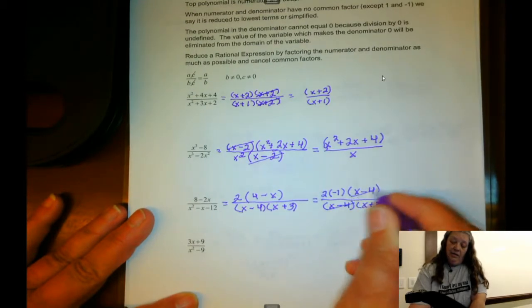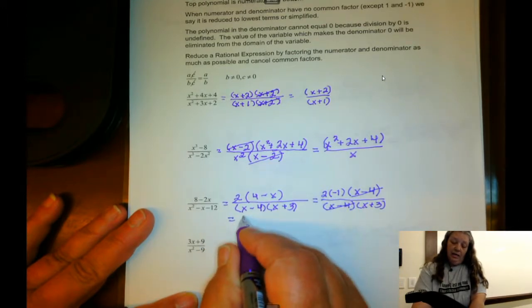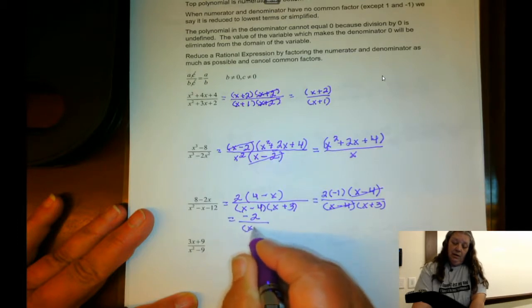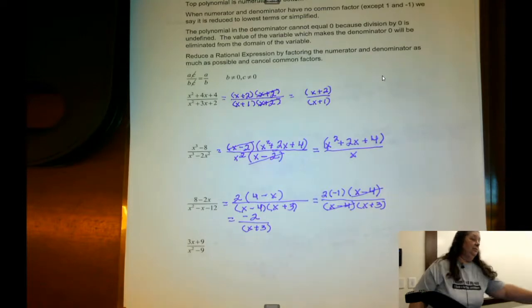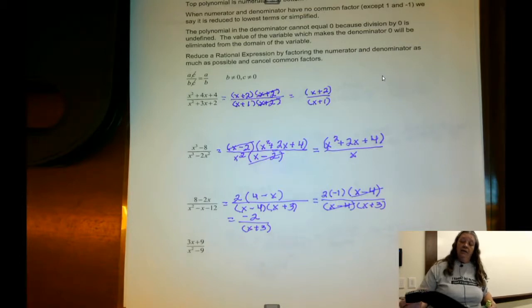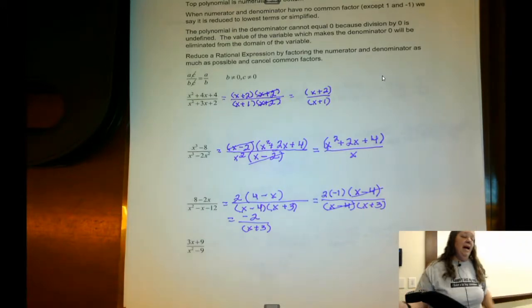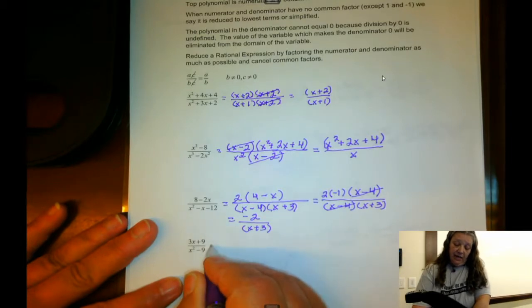So x minus 4 and x minus 4 cancel. 2 times negative 1 is negative 2, and we have x plus 3 in the denominator. So sometimes you'll have to do that. You'll see that the factors are similar but opposite, and when that's true, you just factor out a negative 1.